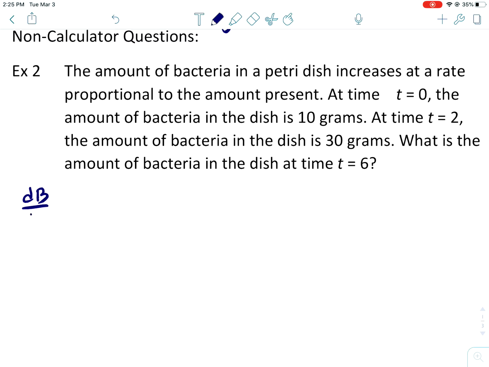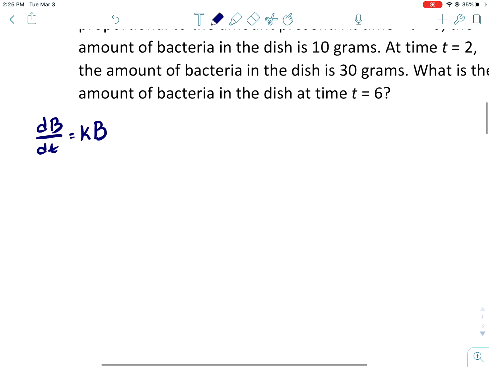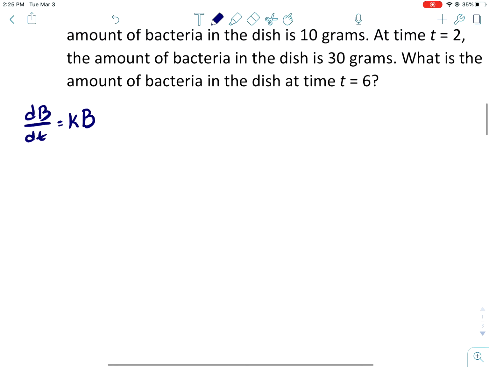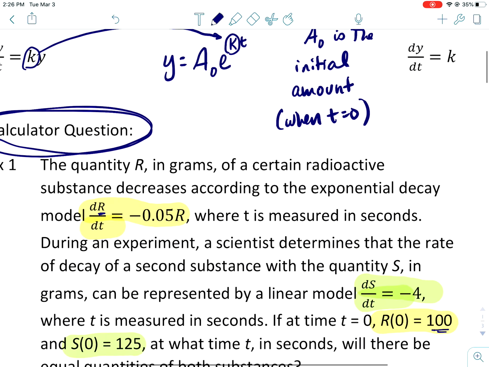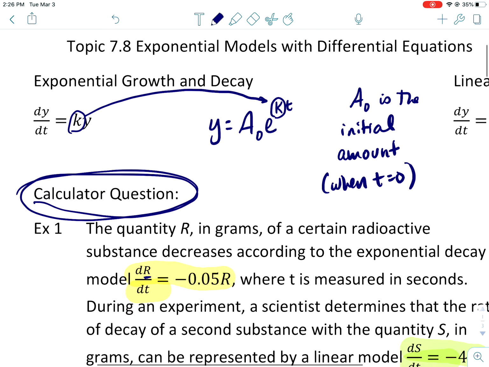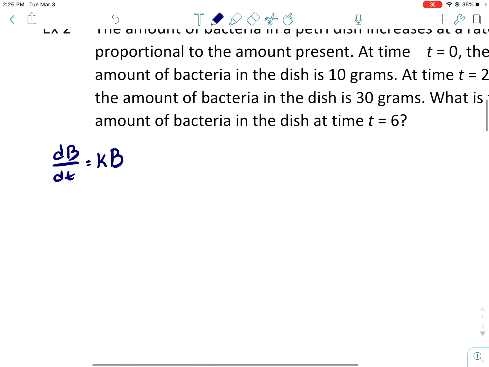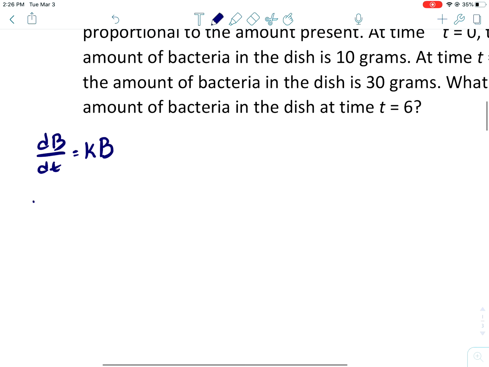So we could say that dB over dt is equal to, proportional means we multiply k by the amount of bacteria present. All right, and that differential equation translates to exponential growth or decay.